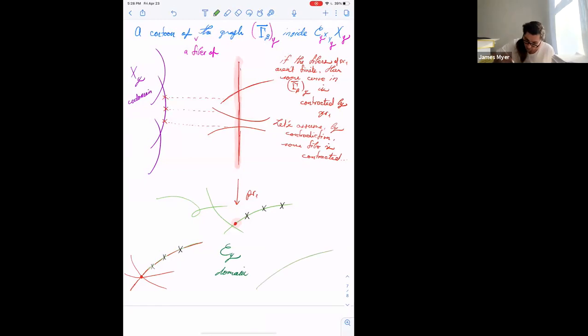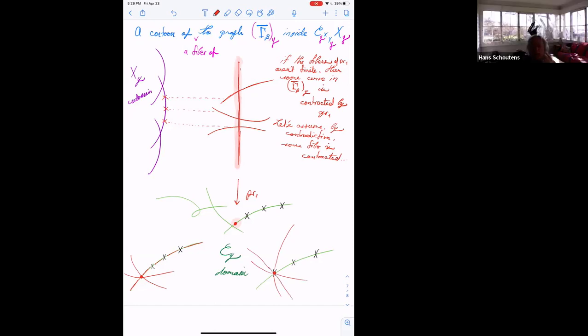If the contraction occurs at one of the marked points, suppose it gets contracted onto this one, for example, then you'll have something like this. So this one will go there. They'll all go through here. Maybe they overlap. I don't know. Still bad.